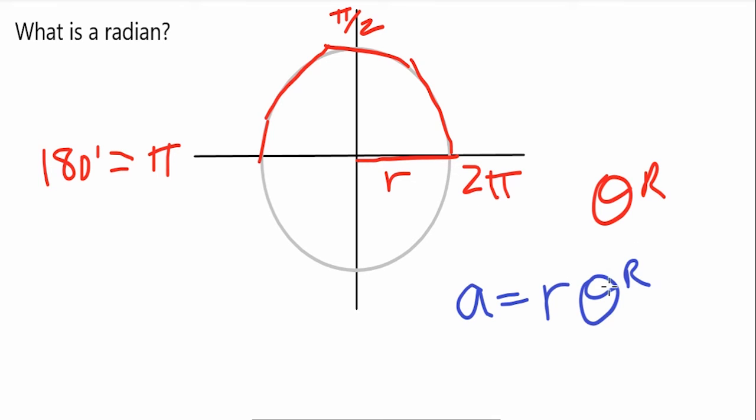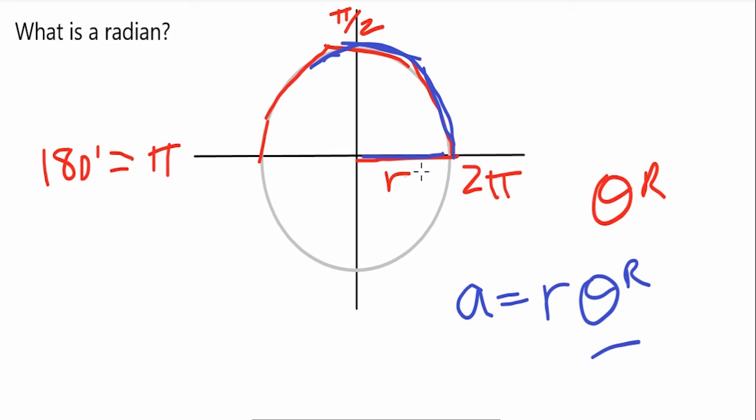The radian is the number of times it's going around the circle. So if we're looking for the arc length from here to here, we just do our radius times the number of times that it goes around the circle, so our radian.